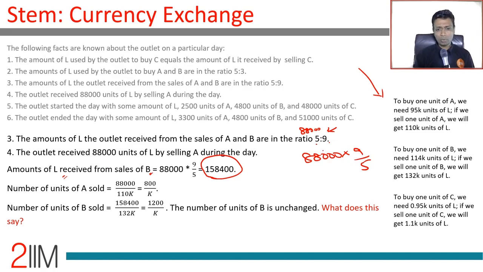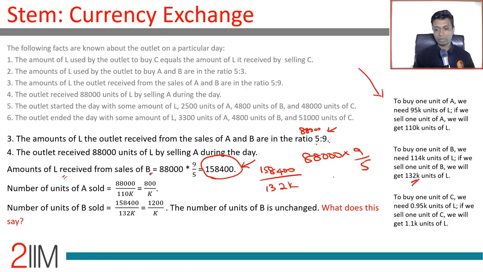And we know that units of B bought and sold are equal. So from this, we know that this many L were received from sales of B, so we can find the number of units of B that were sold. How do we find that? It is 158400 by 132K.